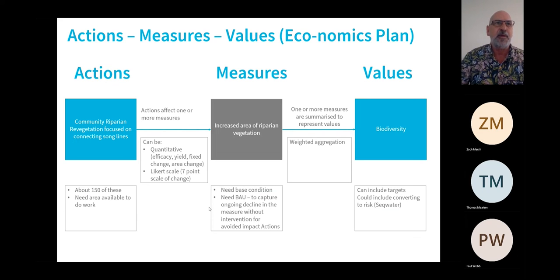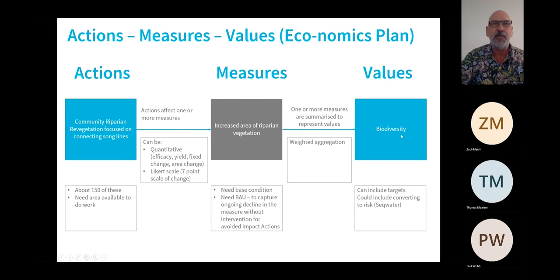Thinking about an example action, we might have a community riparian revegetation program focusing on connecting songlines along a waterway. We can look at how that action affects different measures. One measure might be increased area of riparian vegetation, and that's part of some overall biodiversity score.